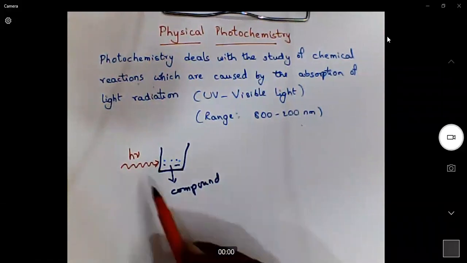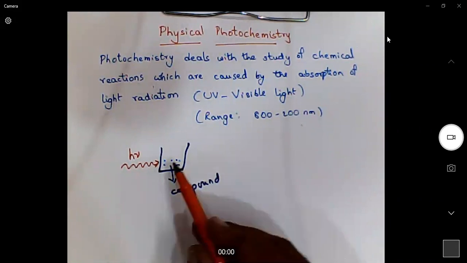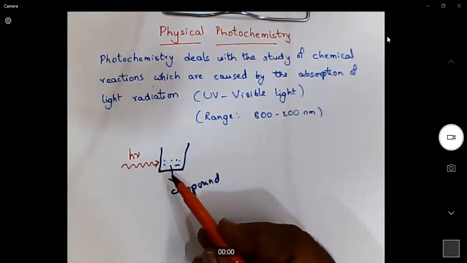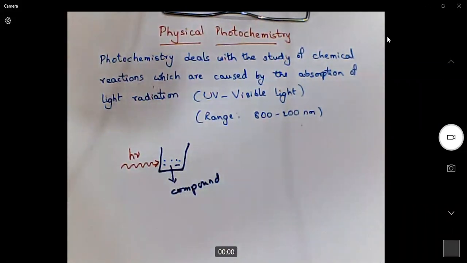So when we pass a suitable light onto a chemical compound, then it will undergo a chemical reaction to give the product. So this is basically what photochemistry is.